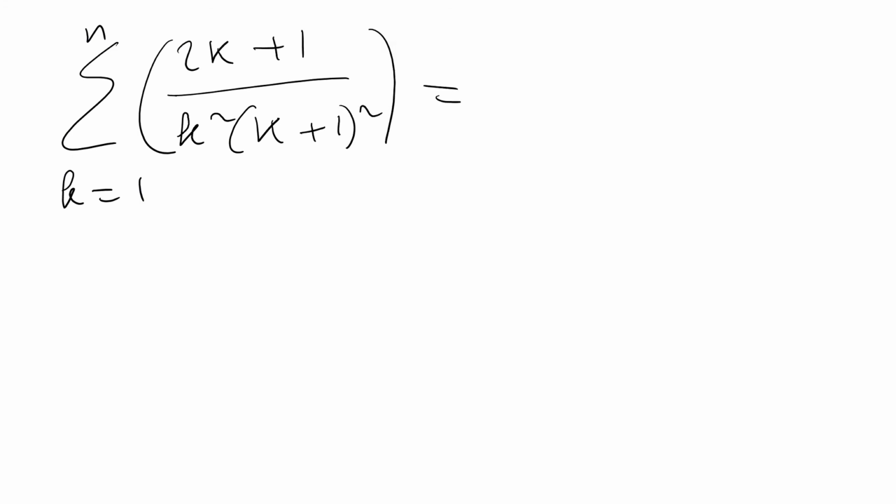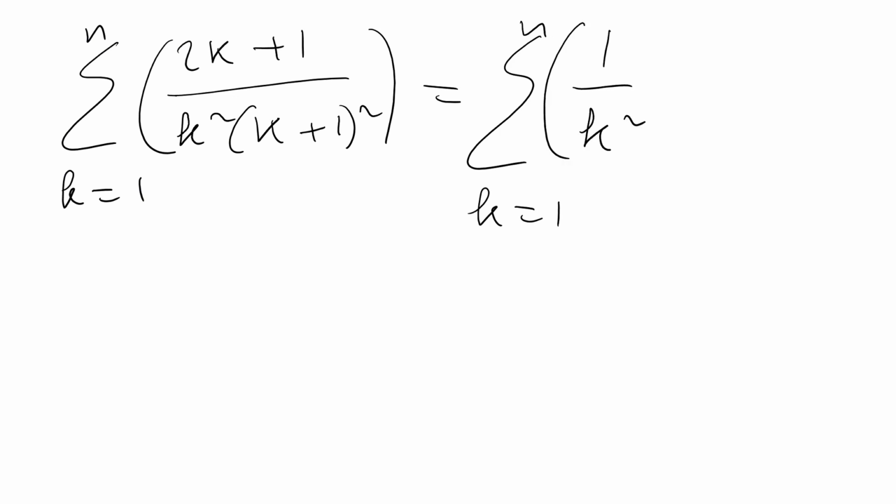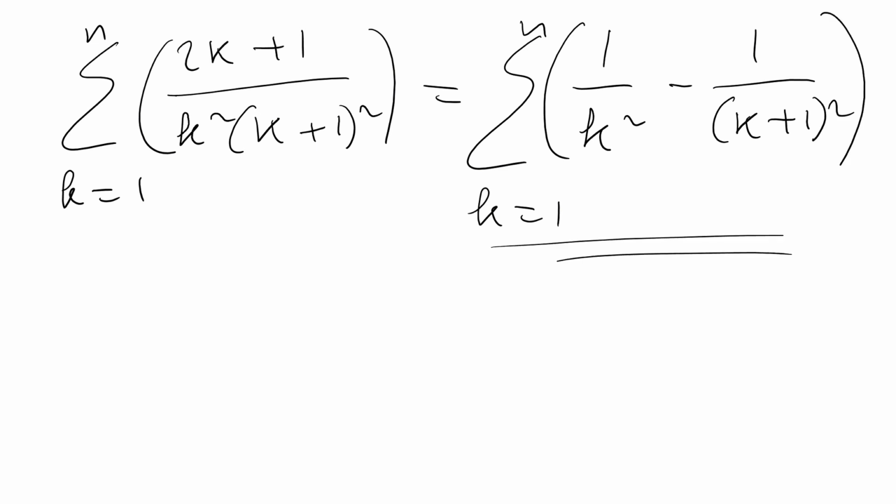This is the same as the summation of k equal to 1 up to n of 1 over k squared minus 1 over (k+1) squared. The reason why we need this transformation is that when you expand this expression, because you are trying to write this without summation.